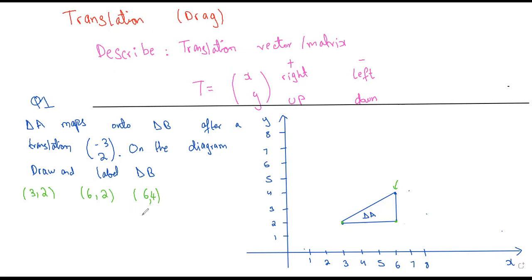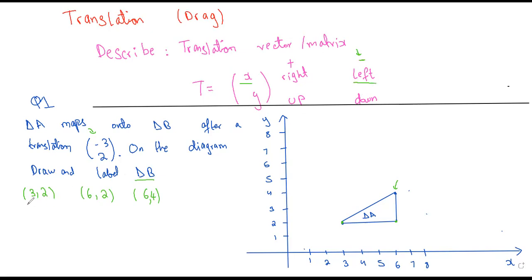We need to make the translated image, triangle B, and we need to follow this. So how do we do it? The method is very simple. If x has a negative sign, the point or the coordinate would move left.